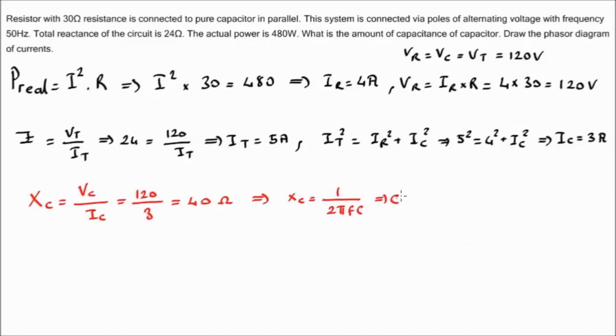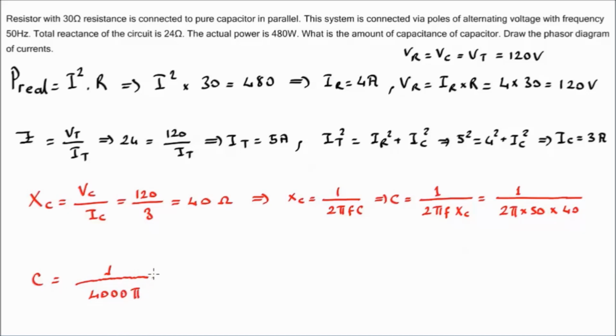So C equals 1 over 2 pi F times XC. So it will be 1 over 2 pi times F 50 times XC equal to 40, as we calculated. So C is going to be equal to 1 over 4000 pi farad.